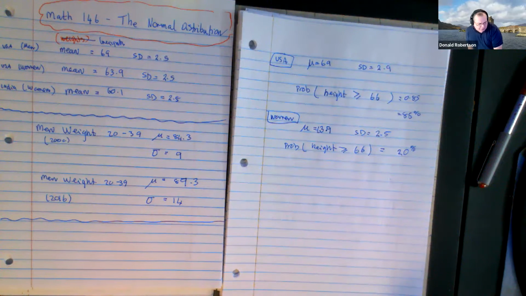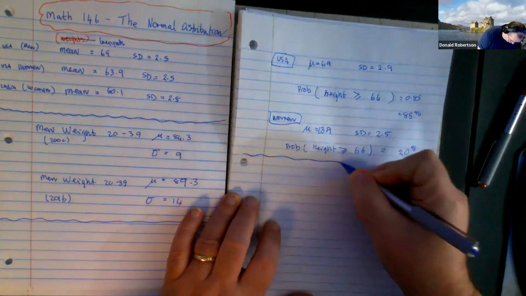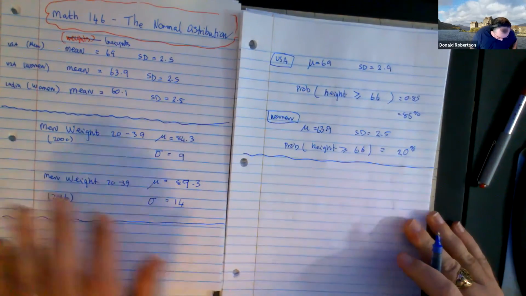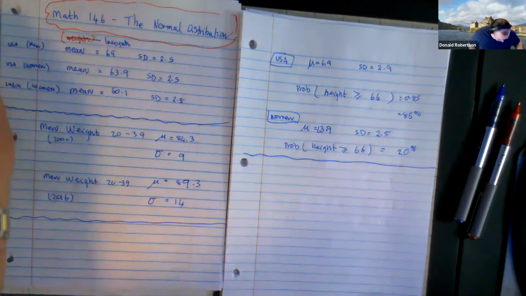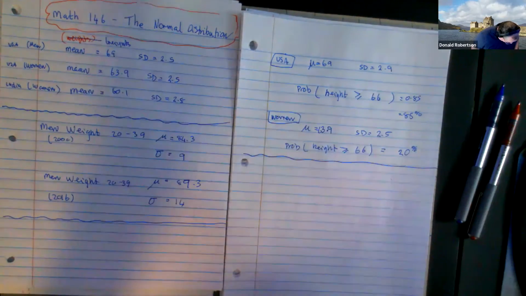Now, I don't think I'm being racial. I hope I'm not. If I say things like a typical Japanese person is probably smaller than a typical Norwegian person, it is just what it is. And I hope there's no negative connotations to that. Shouldn't be, but it's true.